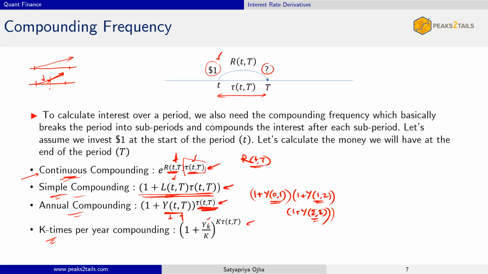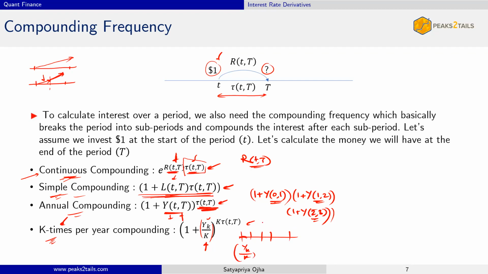For each sub period, your applicable interest rate would be Y divided by K. I'm calling it YK to denote that it is a special type of compounding, which is K times per year. So per year, the rate is YK. So what is the rate per sub period? Because you are dividing the period into K periods, per period the rate would be YK divided by K.